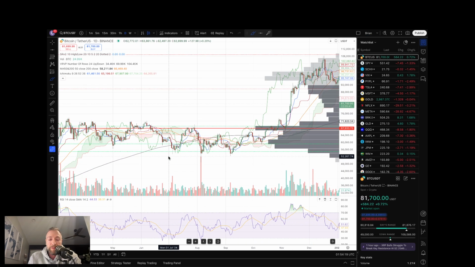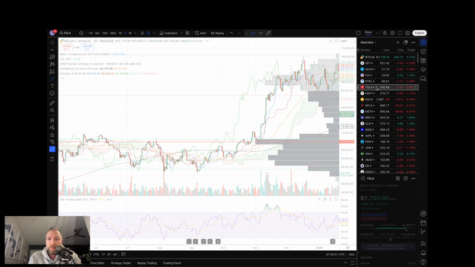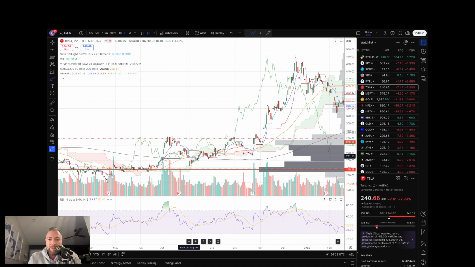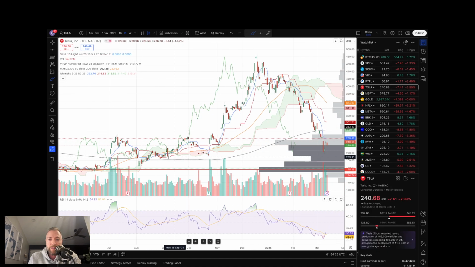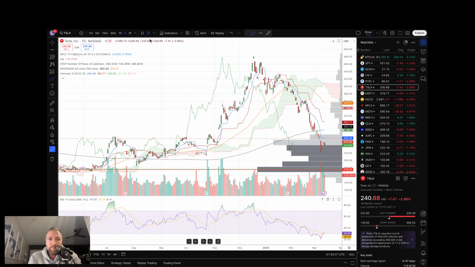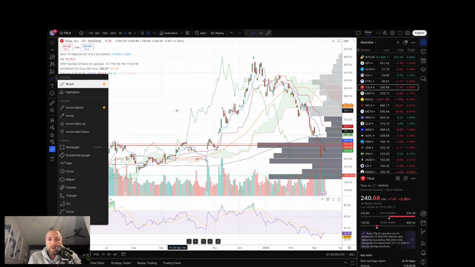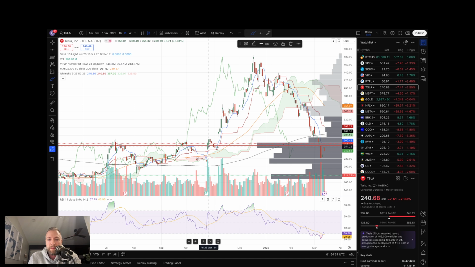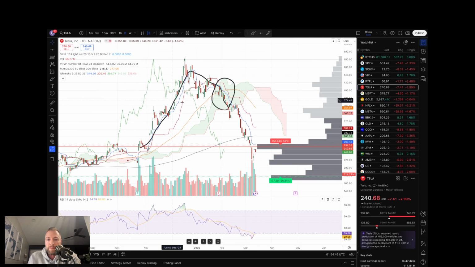The Ichimoku Cloud's been really awesome with helping me find which way the stock's trending. Like I said, when it's above the green Ichimoku Cloud, like right here, it's considered bullish. When it starts getting down into here and it breaks through, I mean that's a big amount of support right there. When it breaks through, it's considered bearish.